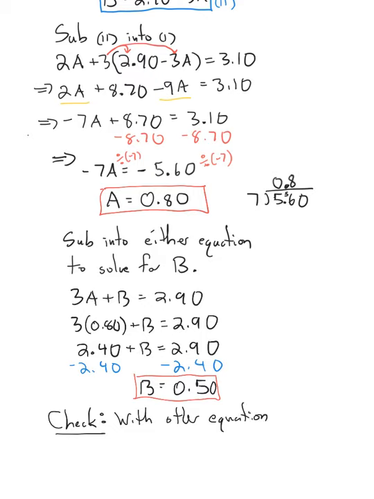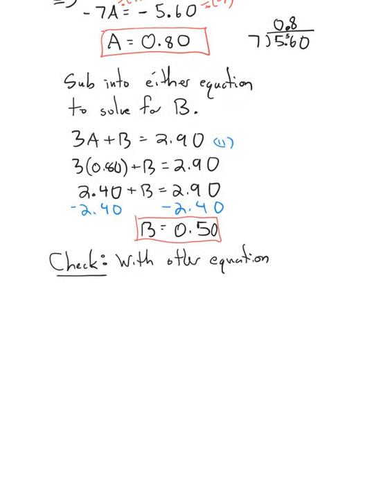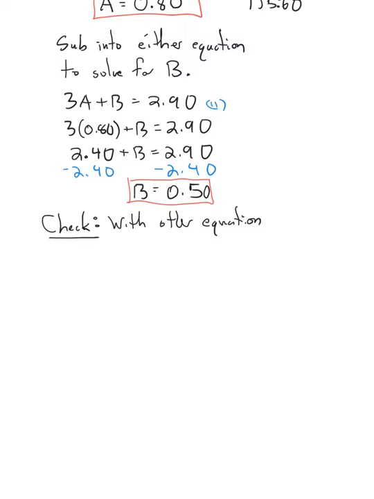We used equation 2 here to solve for b. Let's use equation 1 to check that our work makes sense. So that was 2a plus 3b equals 310.